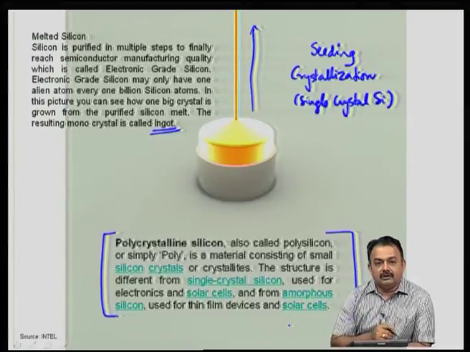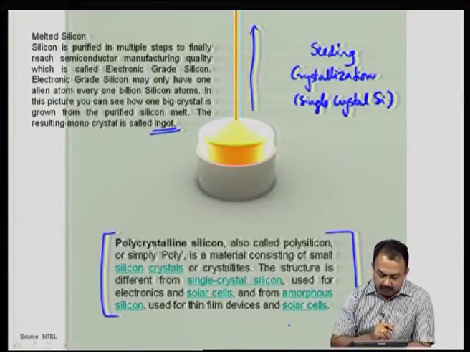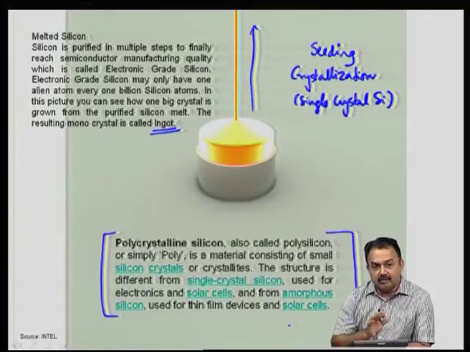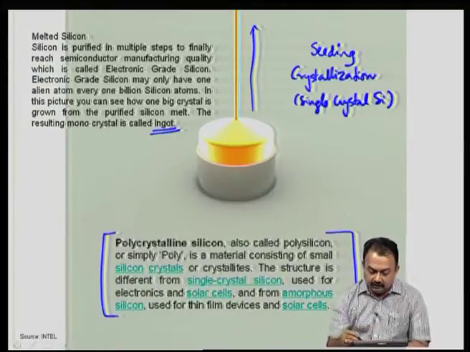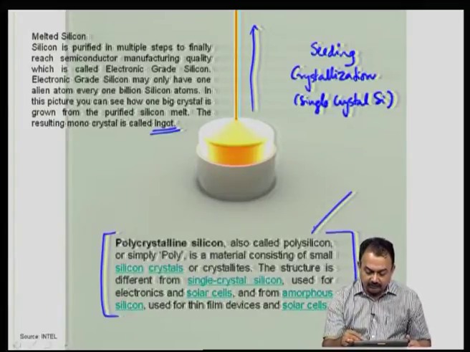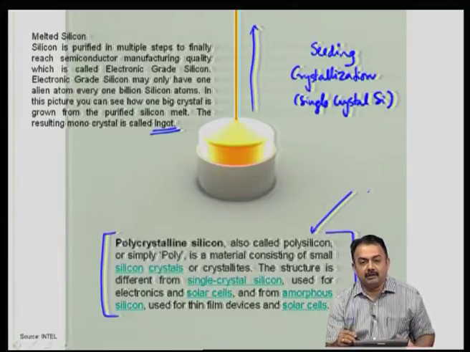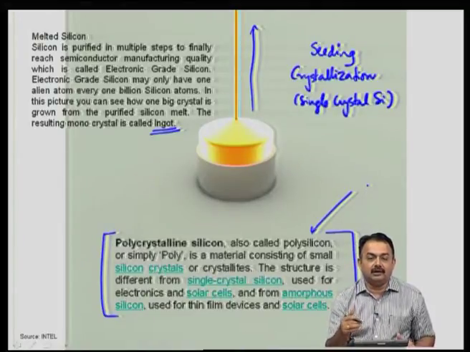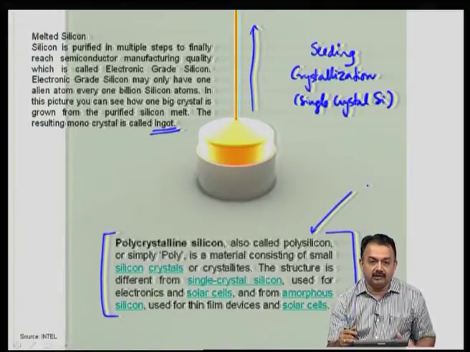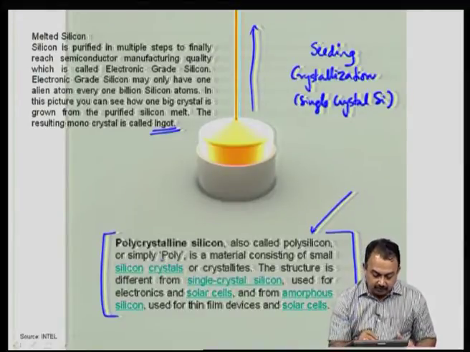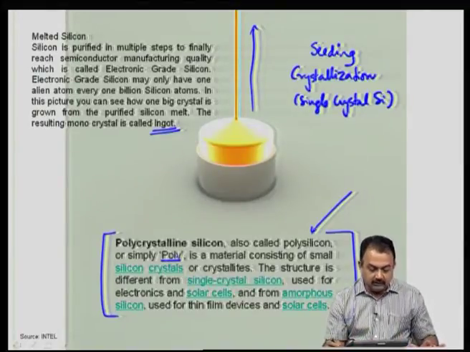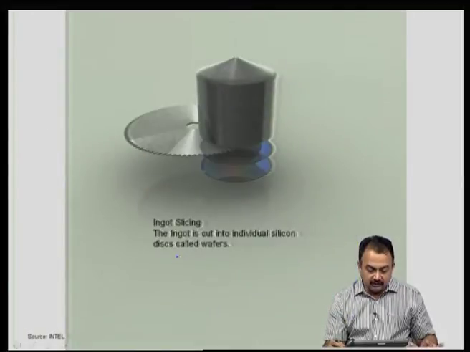Now, this single crystal silicon is used for electronics purposes and solar cells, and they are different from the amorphous silicon, which is used for thin film devices and also for solar cells. So, the polysilicon is used as a special material for building up the layers in the device during the fabrication. Okay. So, you call it poly. So, this is the first step to get what is known as an ingot.